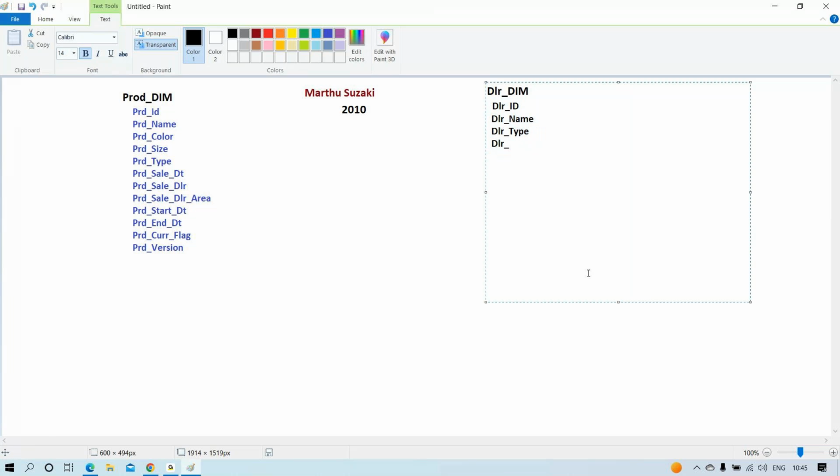So the dealer ID, dealer name, dealer type, and dealer staff means how much staff the dealer has, and dealer wise, what is the area of the dealer, and from this area, what the dealer is selling, the sale product information I want.